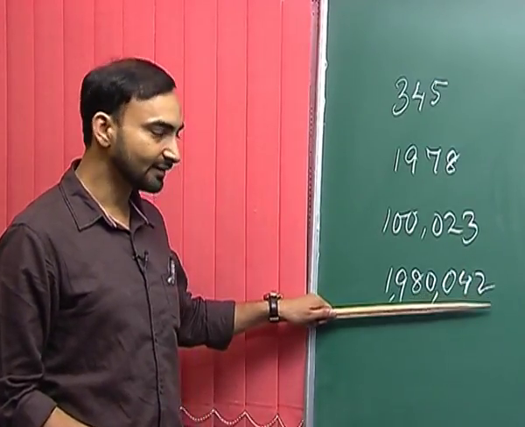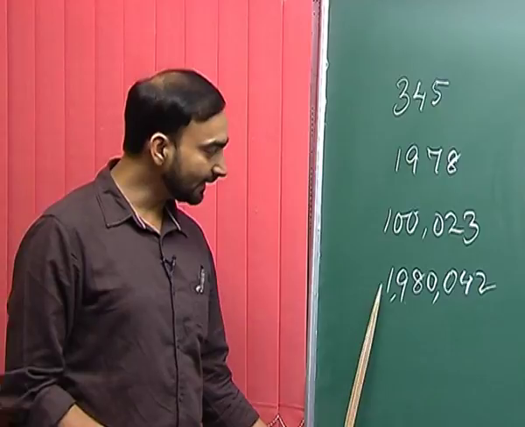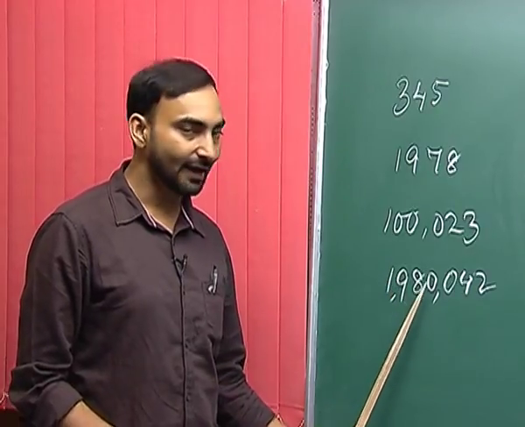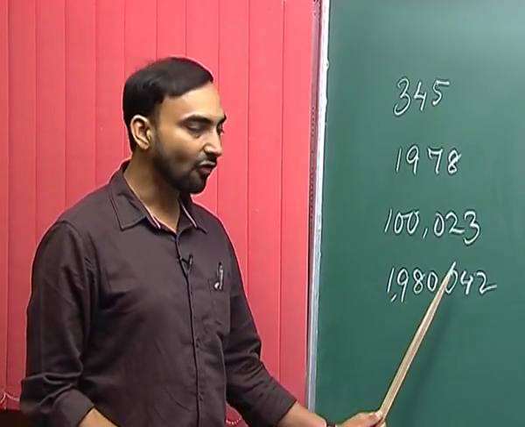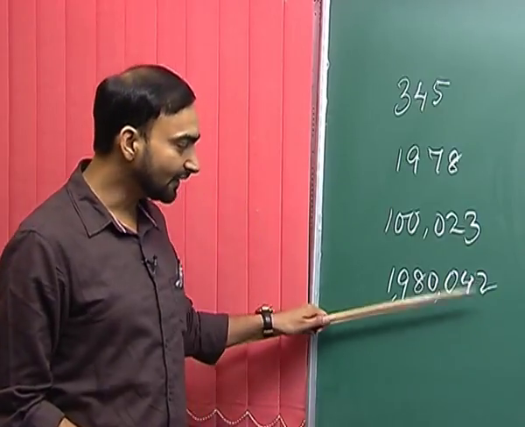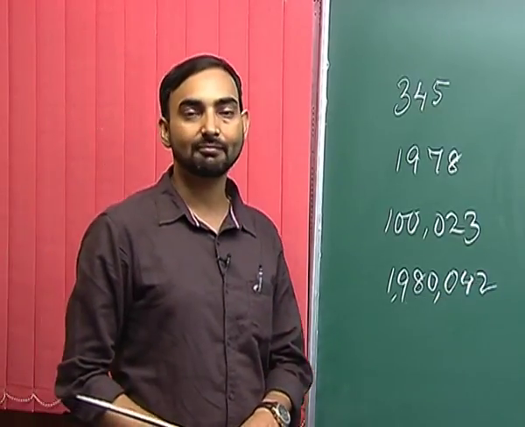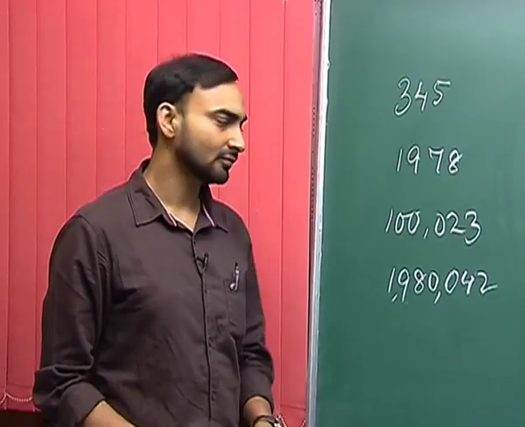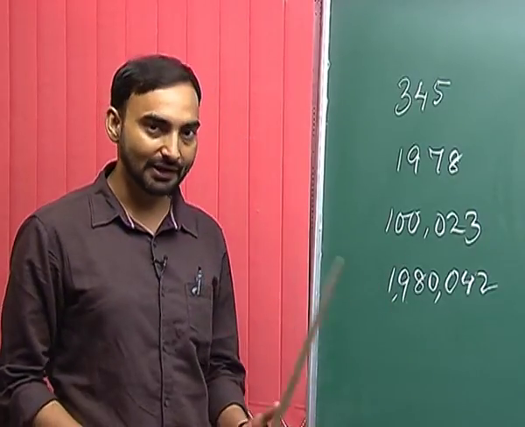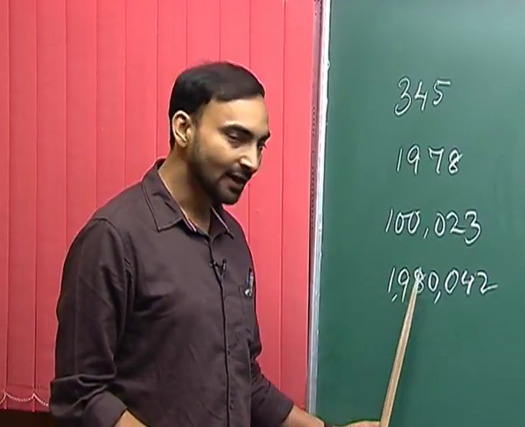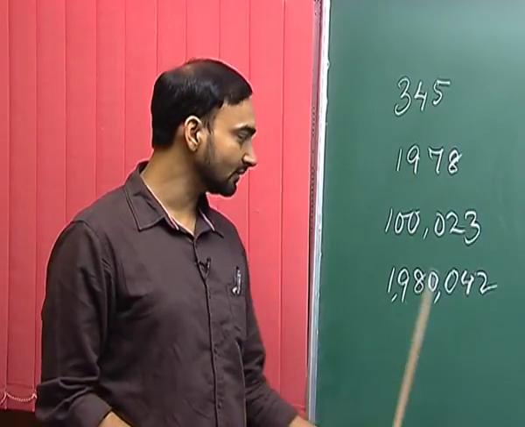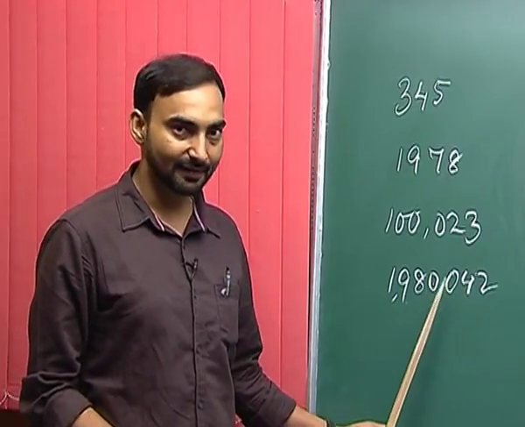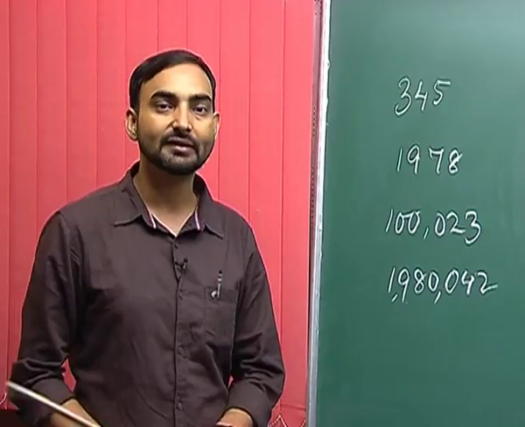The next number is 1,980,042. Let us start with 1 million. How do you say million? Million. 900 is 900, 80 is 80, and again we will use 1000 in the special form.